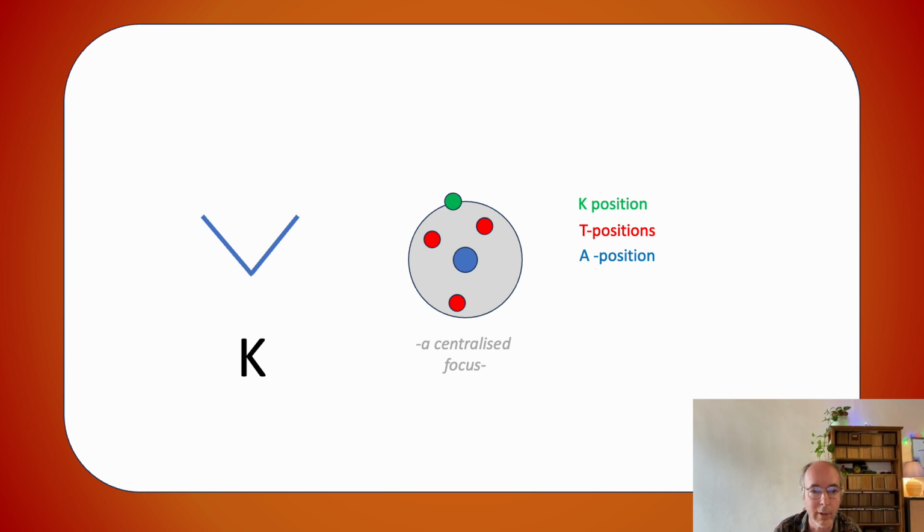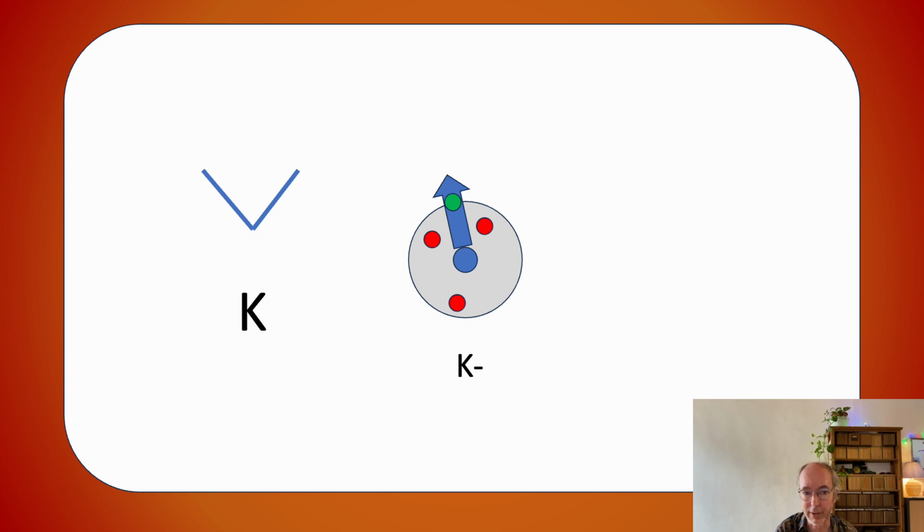So what do we have here? If this point, this green dot there, the K position, will not work, it could eventually break apart the centralized thinking, the centralized idea. It will no longer hang together and it will break apart.